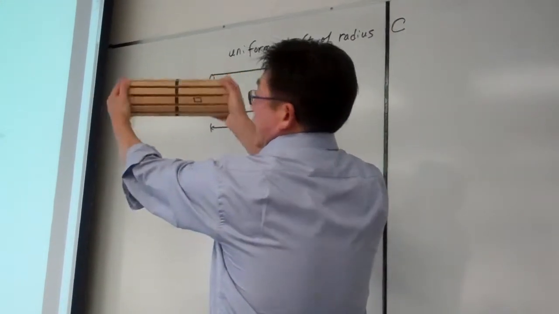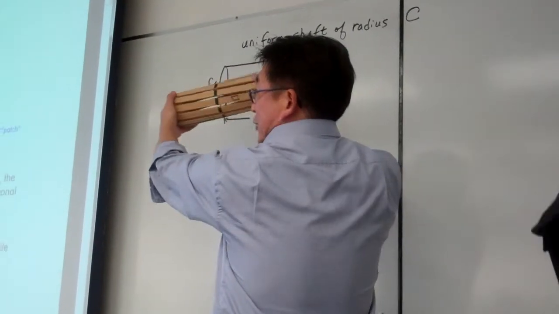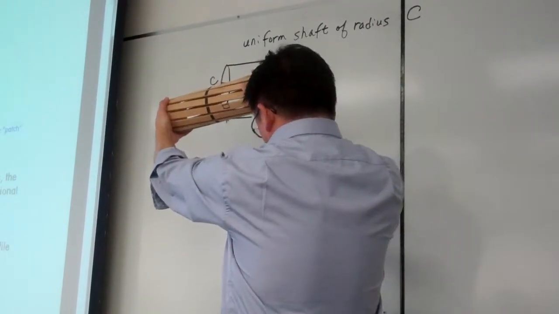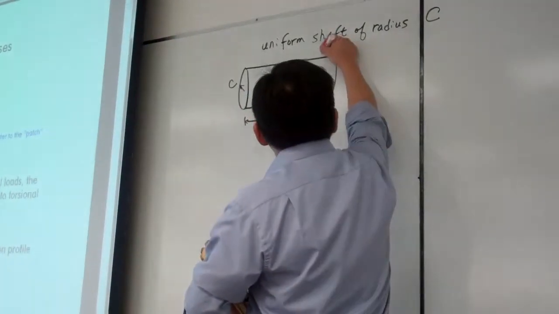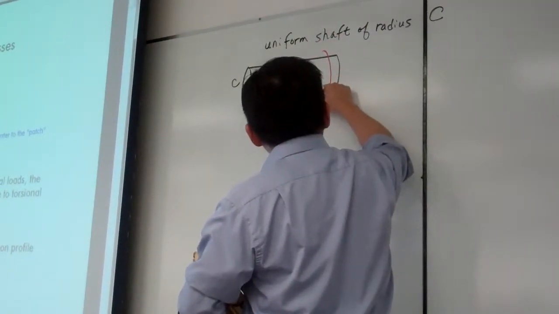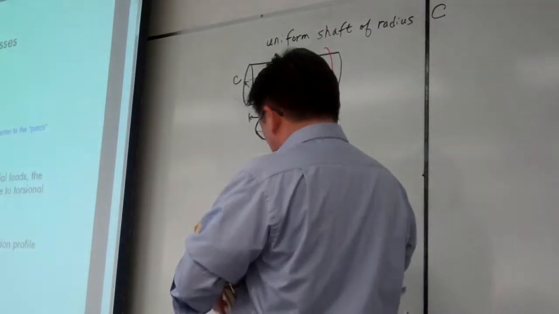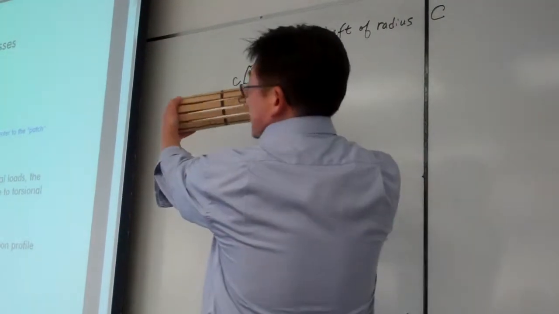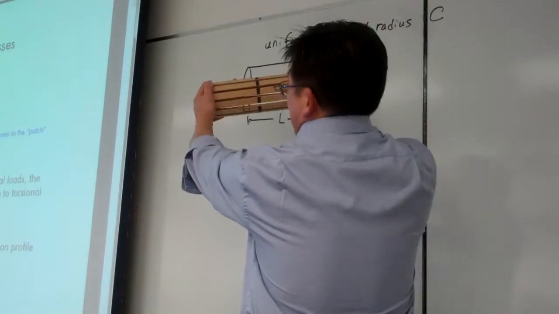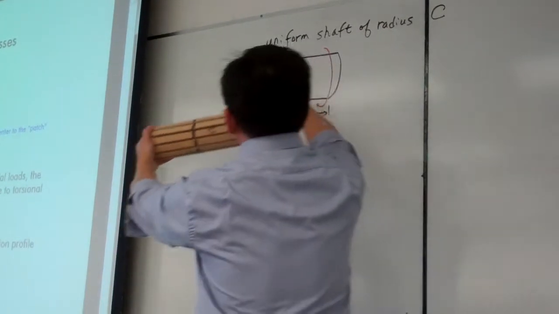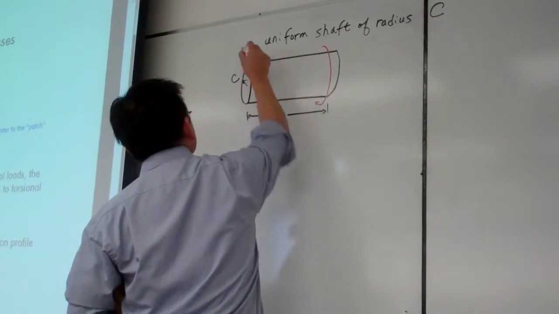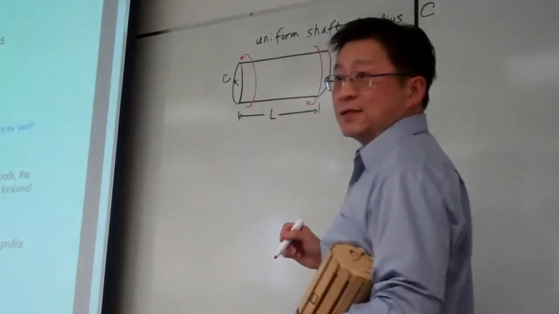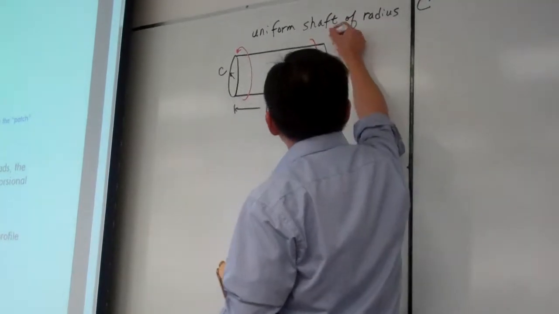I twist in this way, then on this side the torsion is twisted like this. And for this loading to be in balance, my hand must be twisted like this, so on this end the torsion goes that way. Can you see it? So that is T.